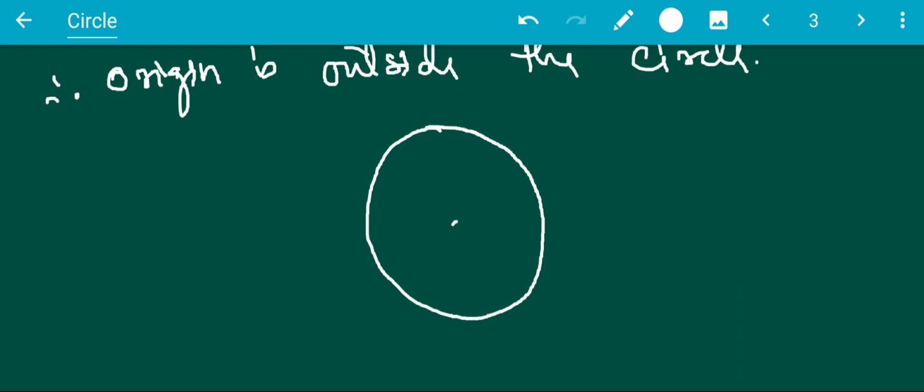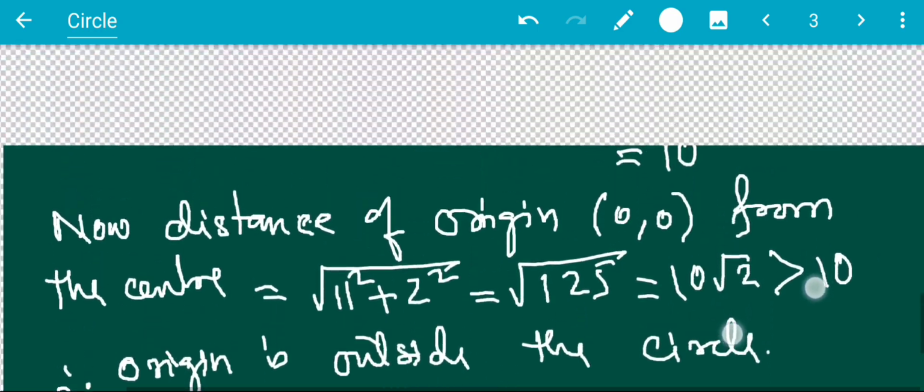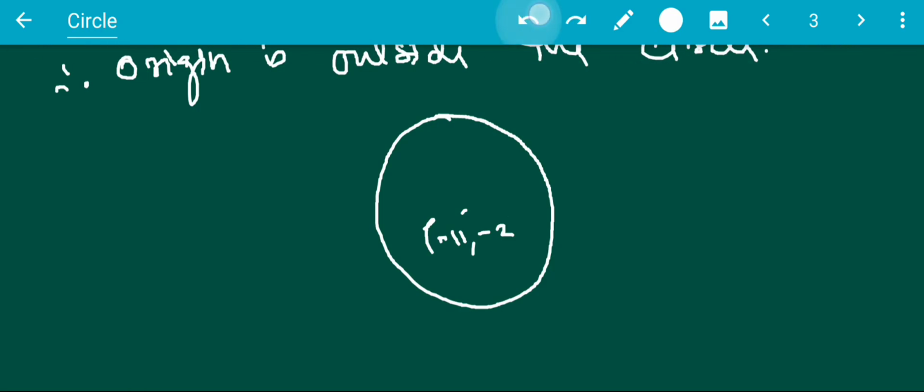So this is the center, minus 11 comma minus 2, that is the center, no? Oh sorry, 11 comma 2. So 11 comma 2. So this is your center. Now the radius is 10.